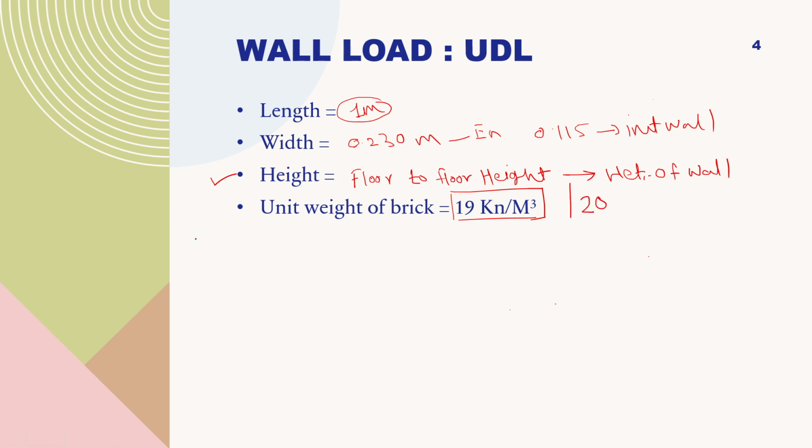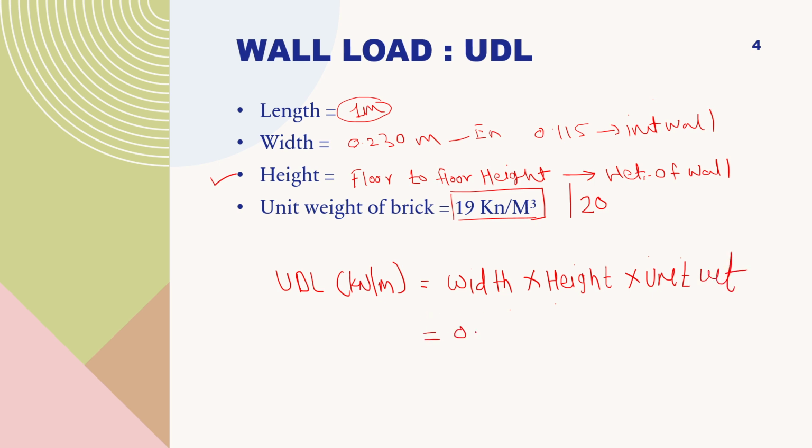How to calculate the wall load in terms of UDL or kilonewton per meter? It is very simple. You take the width, multiply by the height, and multiply by the unit weight. Here for external wall: 0.230 meter, all these values are in meter, multiplied by height. Floor to floor height is 3 meter and depth of the beam is 0.45, so you minus it, multiplied by 19.